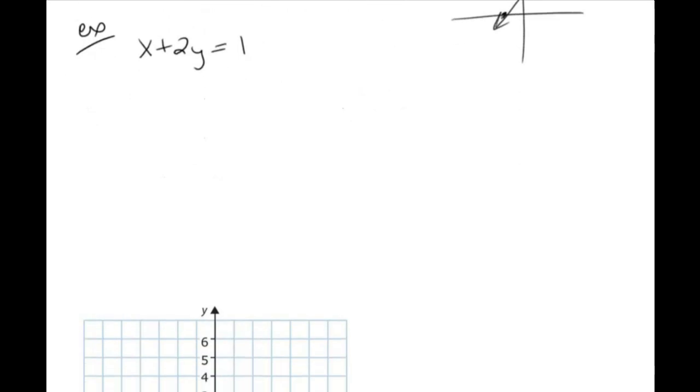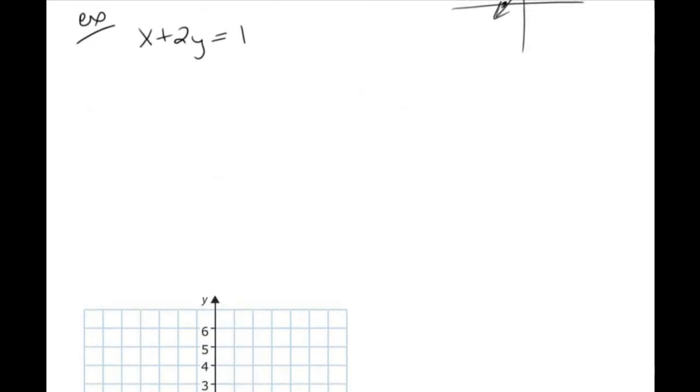So we have this function, x plus 2y equals 1, and we want to find the intercepts, okay? So the intercepts are going to be found by putting in 0 for x, and then putting in 0 for y, all right? And I write this out in this way to help you keep track of where you're at.